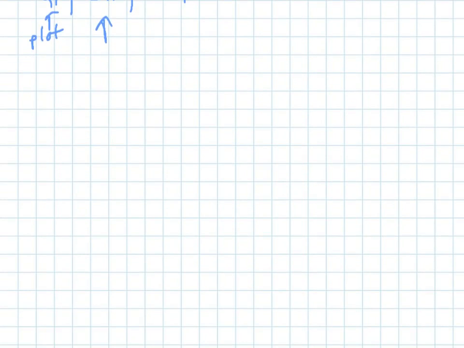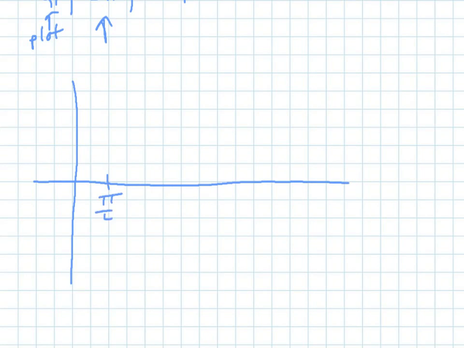Okay, so when I graph, I have these values. So 1 was for 0, pi over 4 was 0, pi over 2 was negative 1, 3 pi over 4 was 0, and pi was 1 again.